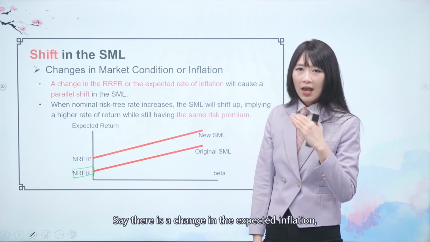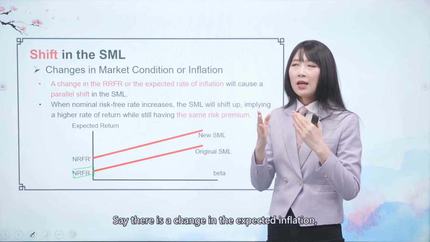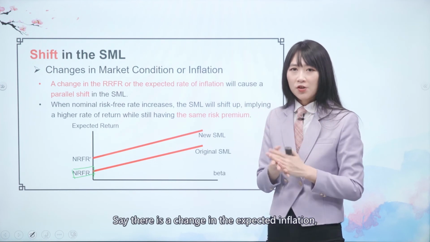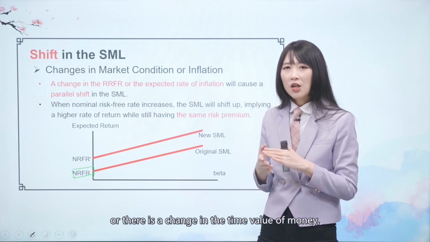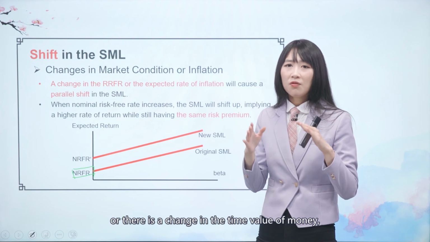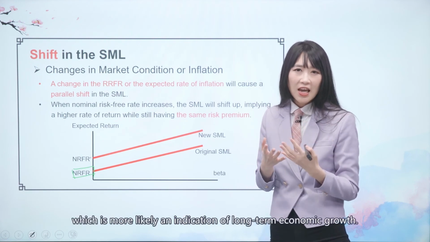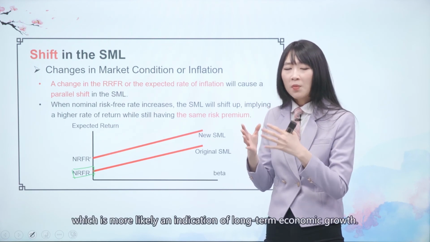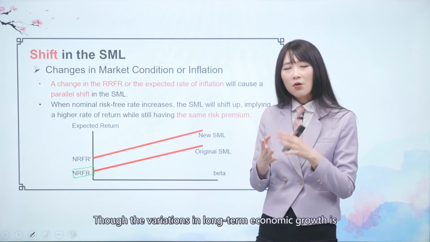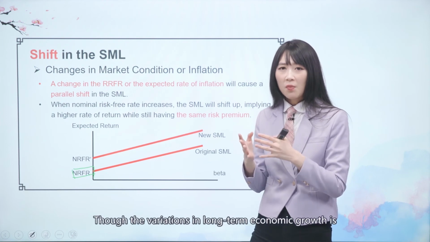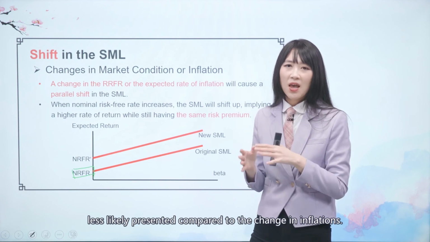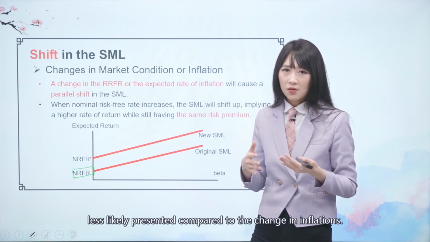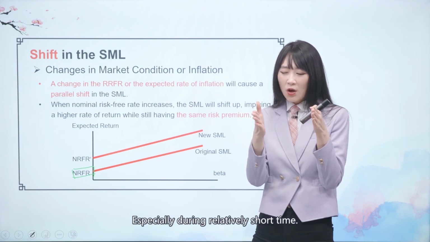Say there is a change in the expected inflation, or there could be a change in the time value of money, which is more likely an indication of long-term economic growth. Though variations in long-term economic growth are lightly presented compared to the change in inflation, especially over a relatively short time.